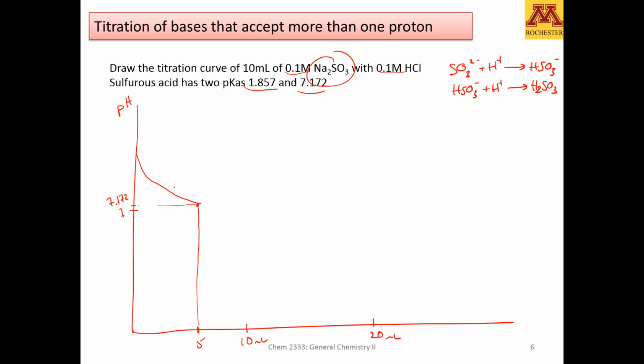I will have, sorry, this is not very accurate. And then you have the first, and this halfway at 15 should give you the pH. Oops, that was not even straight.